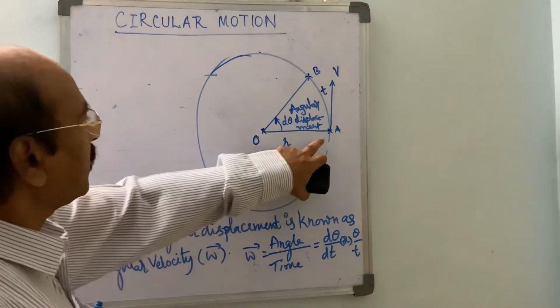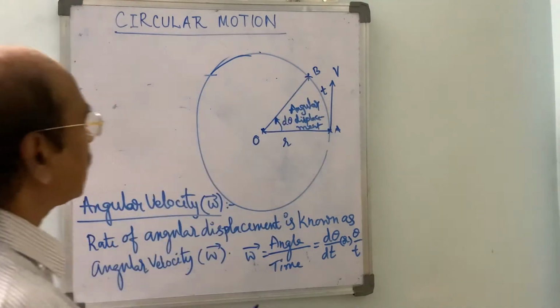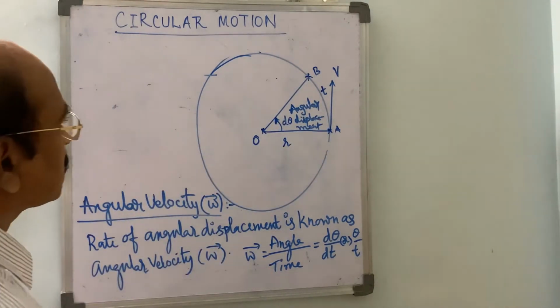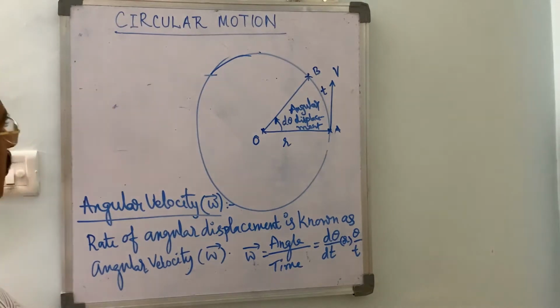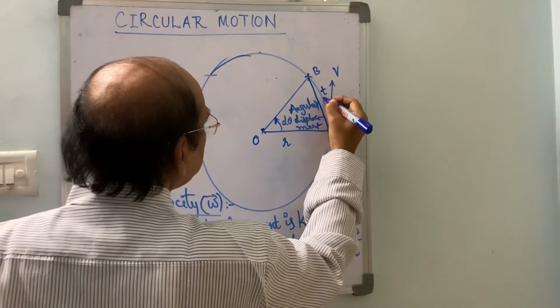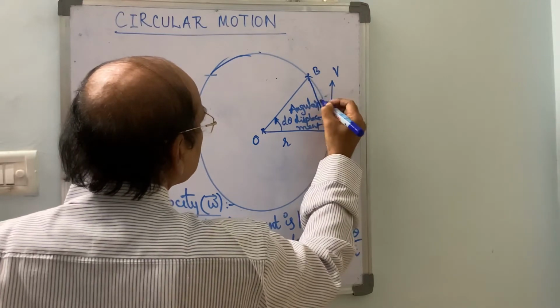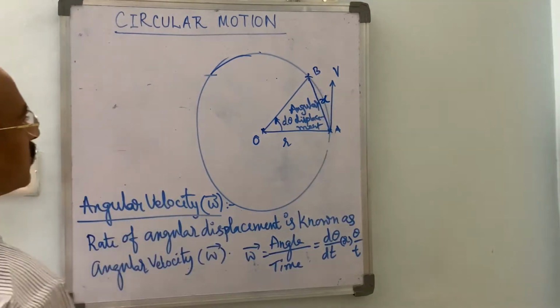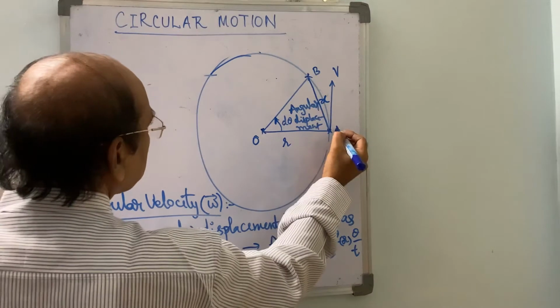So when the body moves from A to B, it covers some displacement. The shortest distance between A and B is obtained by joining, like this. Let it be x in time t. So length of the arc here is AB.